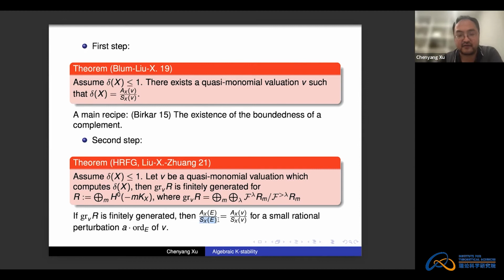So you find the divisorial valuation calculating it. Here the ring is basically just the coordinate ring of the Fano variety. For a Fano variety, if you have a valuation, you just take the valuation on the sections. So for each fixed H^0(-mK_X), the vanishing order along this valuation gives you a filtration. Then you can look at the graded ring of this filtration. You put all the jumping numbers together and all m together, and that forms a ring. My question is whether this is finitely generated.